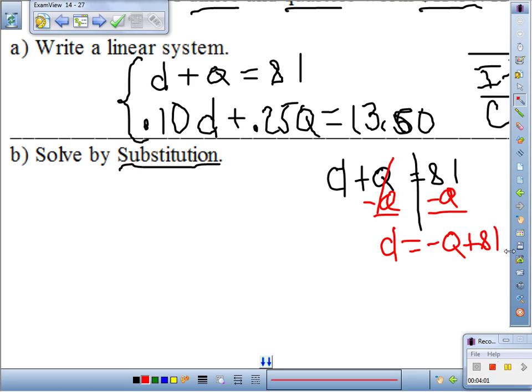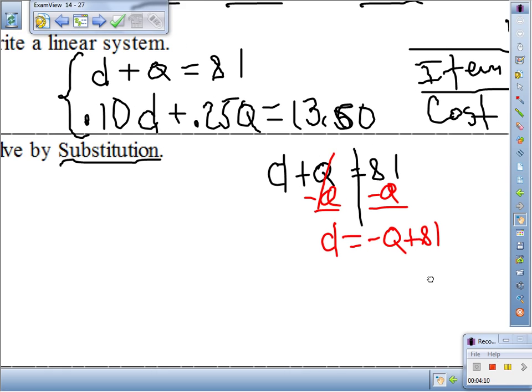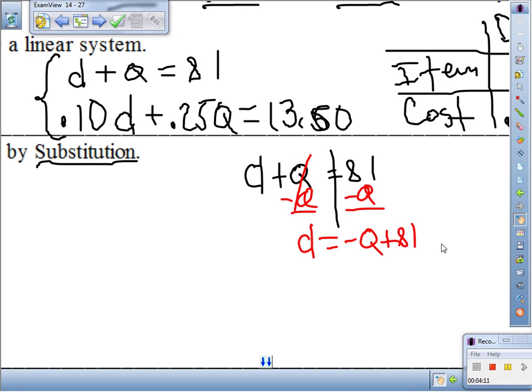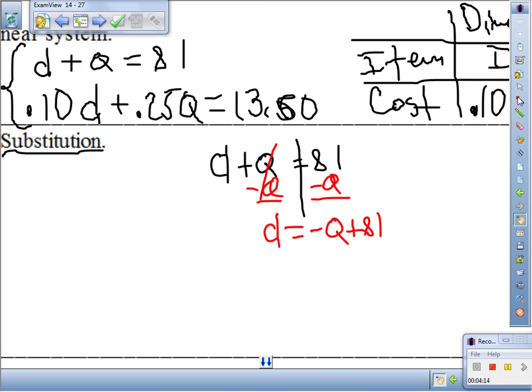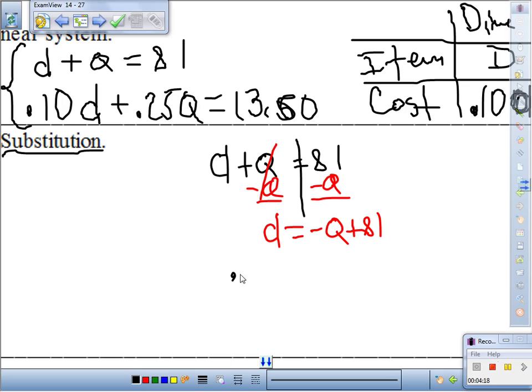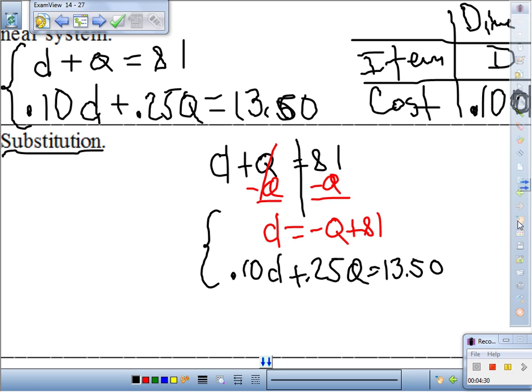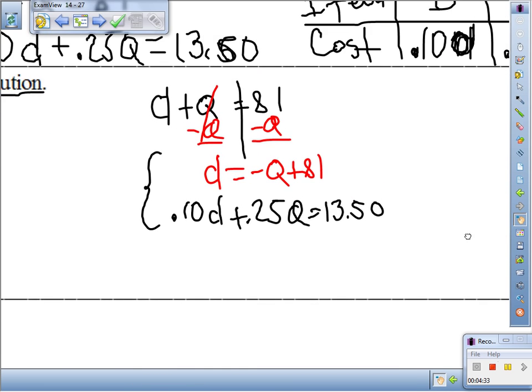Is everybody there now? So now watch. I'm going to bring the other equation here, just to keep it together as a system. My other equation is 0.10d plus 0.25Q equals 13.50. All right, so here's my new system. It says solve by substitution.